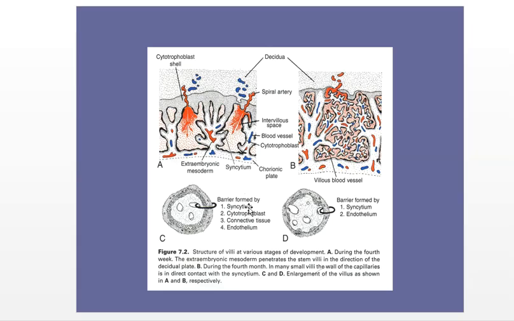But during the 4th month, in many small villi, the wall of the capillaries is in direct contact with the syncytium. You compare these 2 pictures, and we say that the barrier diminished to 2 layers, syncytium and endothelium. This happens for faster circulation.